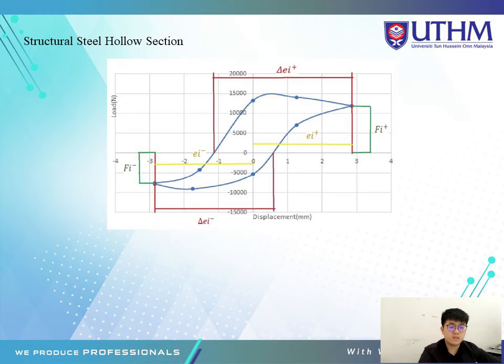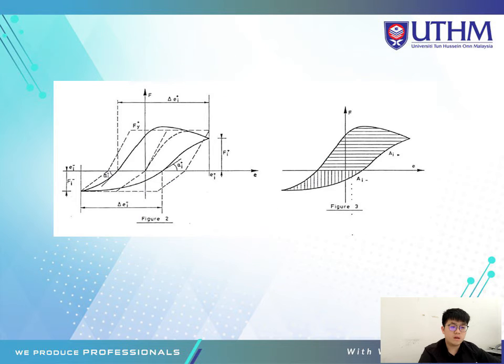Next is the hysteretic loop of structural steel hollow section. In the same way, one complete 3 mm displacement cycle is selected to calculate the ductility. This is the graph pattern from the previous study on ECCS 1986. It can be shown that the graph generated from ANSYS has a very high similarity with the previous experimental result.